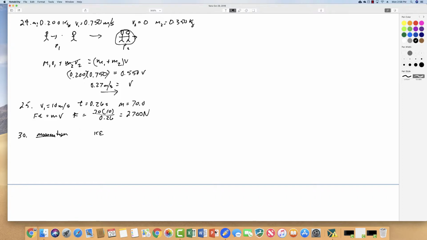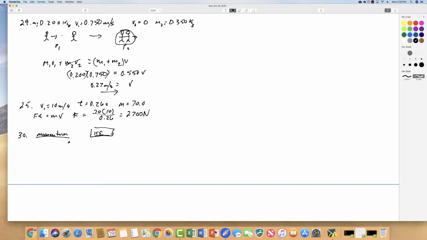Now, normally most collisions are non-elastic, which means that the kinetic energy is not conserved. It could either be lost or, in some cases, it could gain. But the point being is that in elastic collisions, both the momentum and the kinetic energy are conserved.